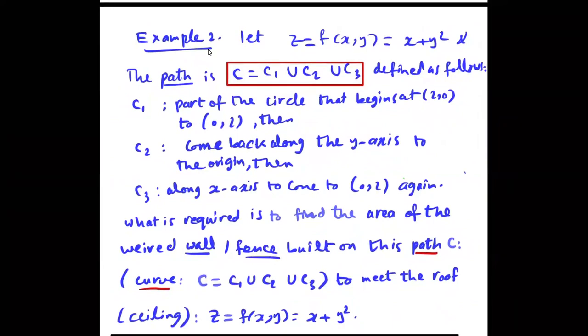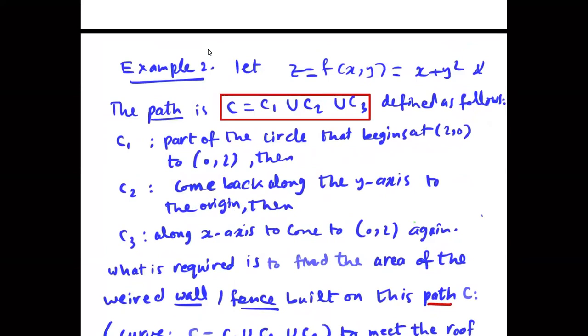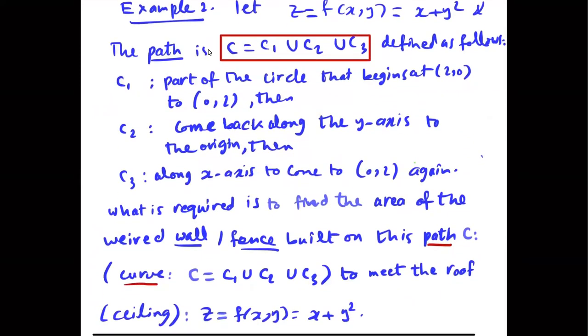If the curve is formed of the union of many curves, we can go piecewise. We integrate over C1, the first part of the curve, then plus the integral over the second curve, plus the integral over the third curve. Here he explains the example for us.